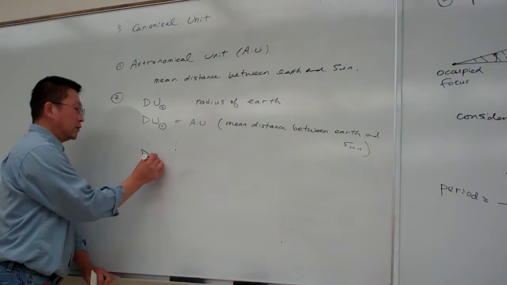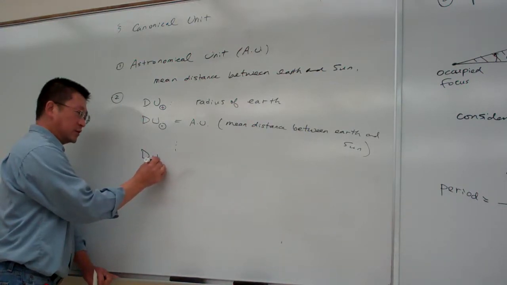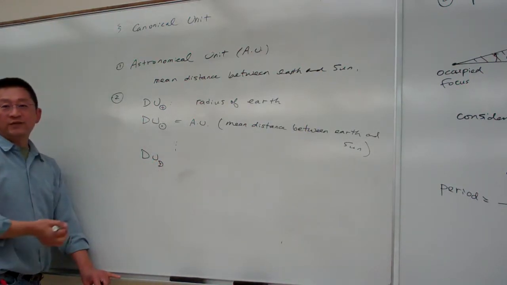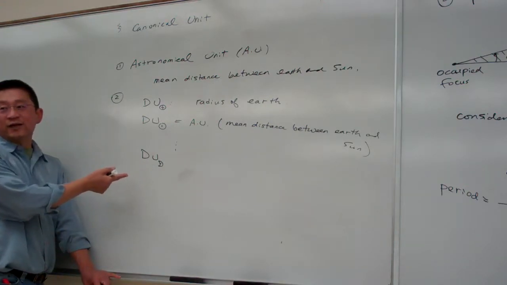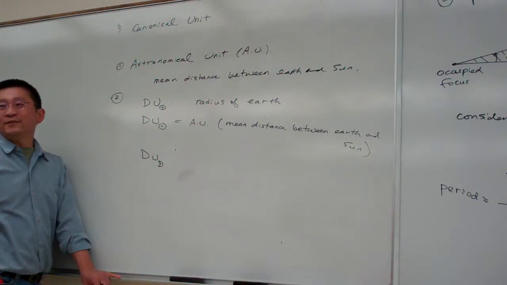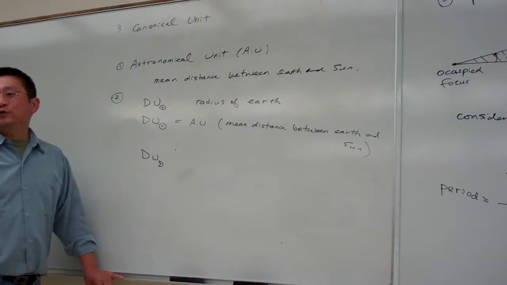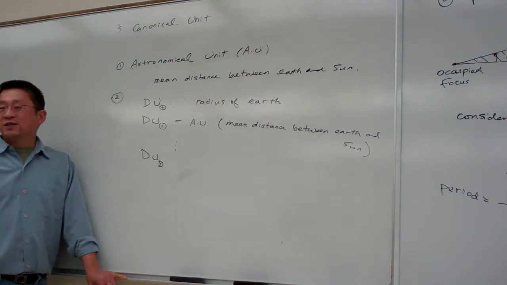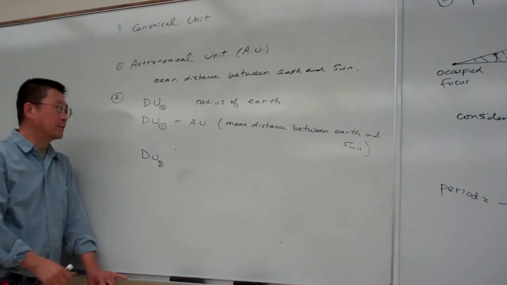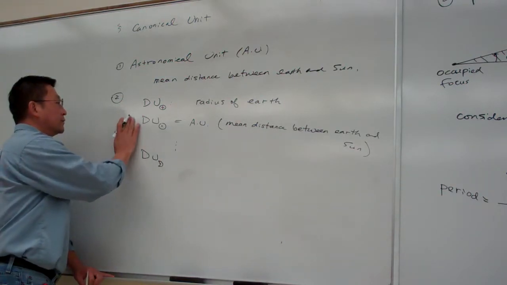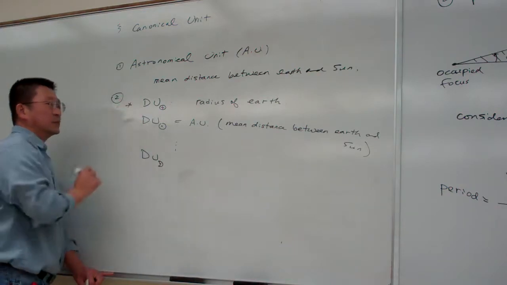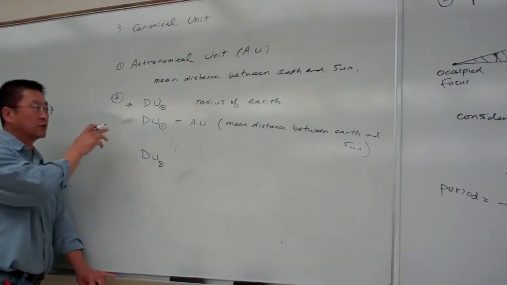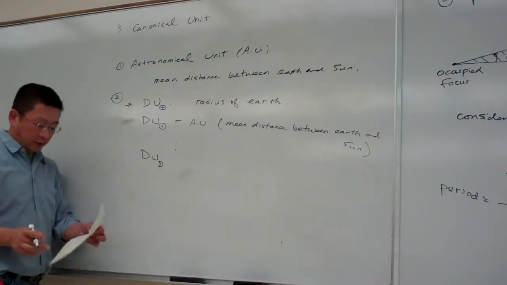You will see the DU, and then people, I've seen this before, use this one. Basically, that's taken as, you can guess, the radius of the Moon. So it depends on which problem, which kind of scale you prefer, you can always pick something appropriate. And this one is the most commonly used in our lectures here.